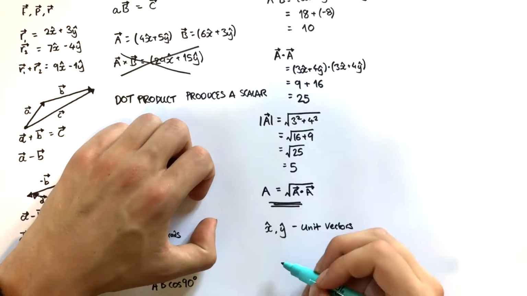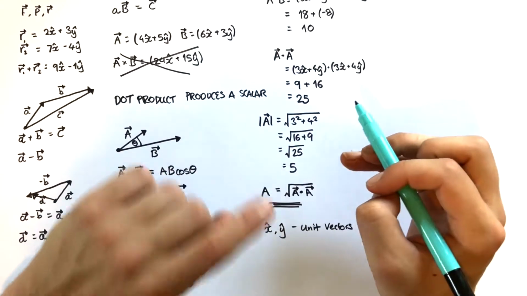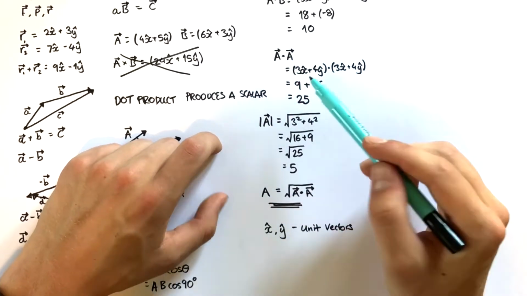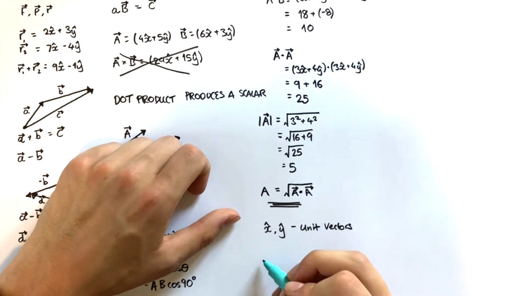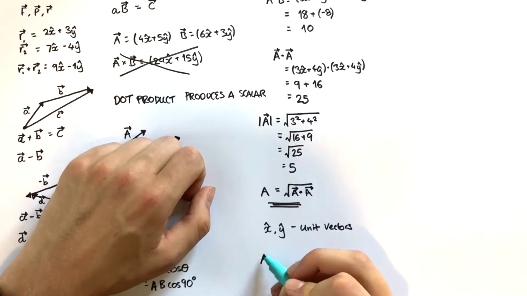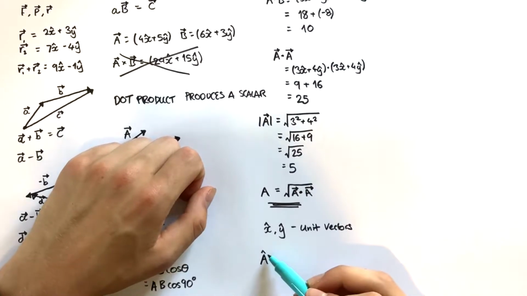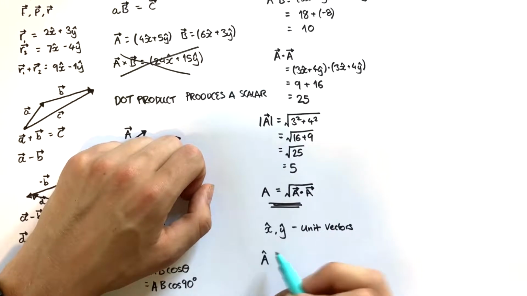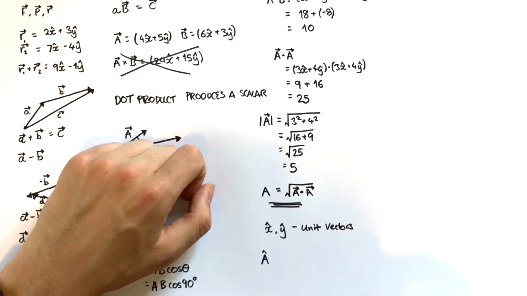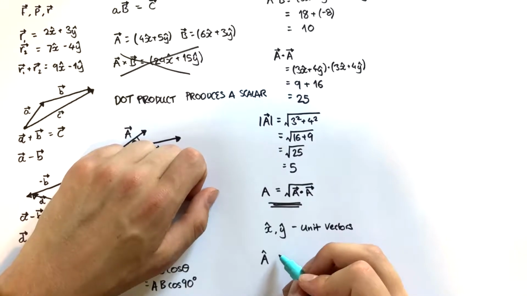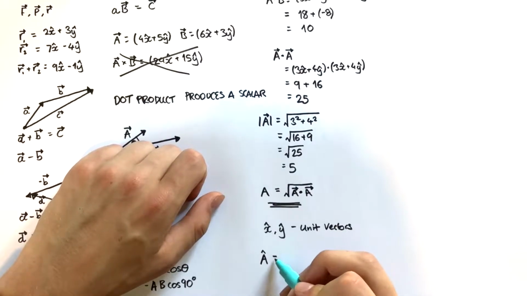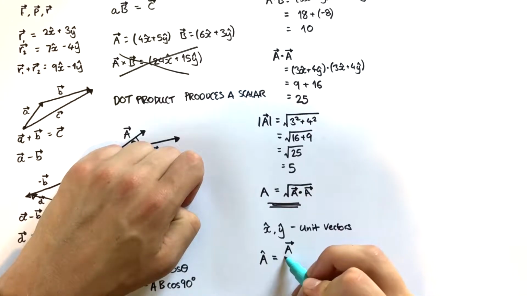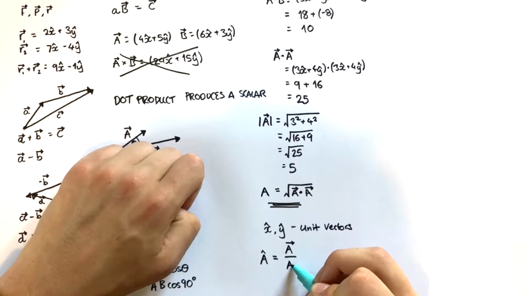So let's see if we can create a unit vector that points in the direction of A, but of course has a magnitude of 1. Well, with any unit vector, we normally give it the little hat, and this basically denotes that it's a unit vector. You don't have to worry about the arrow. The hat will tell you that it's a vector that has a magnitude of 1. And the way to do that is you divide the vector itself by its magnitude.